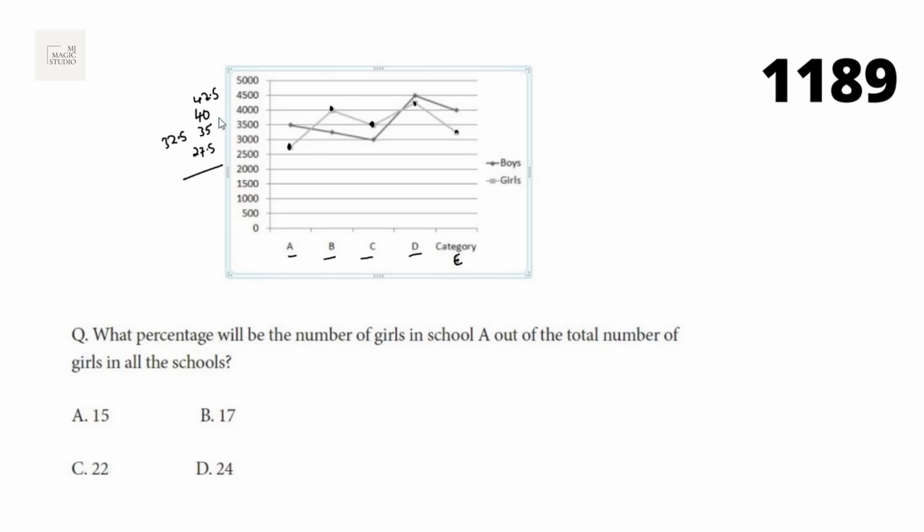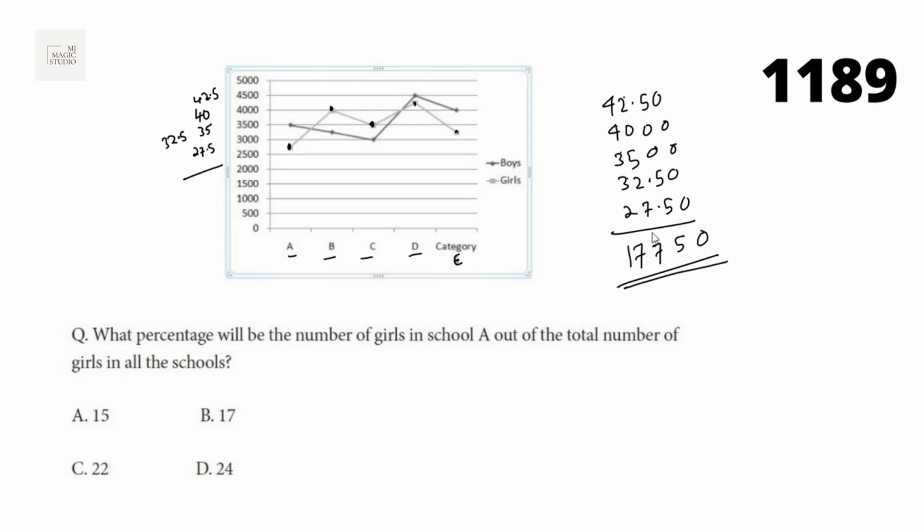Okay, so the total comes to 42.5, 40, 35, 32.5 and 27.5. These are the actual numbers, so the total number of girls in all the 5 schools together is 17,750.